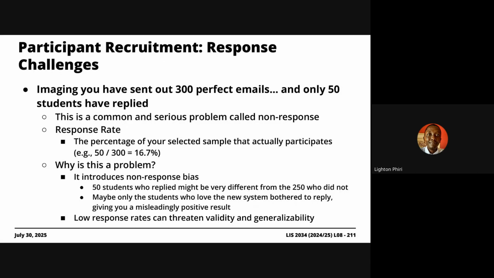Now, there's a problem there, because ideally you'd want to also capture responses from people who are not interested in the new system. So you end up with a situation where your results are skewed more to the positive side of the new system, and that might not be a true reflection of what is actually on the ground.